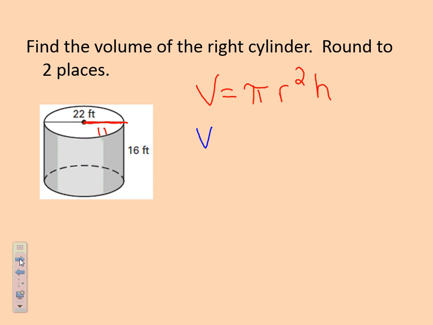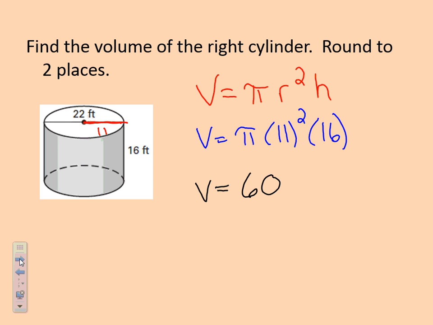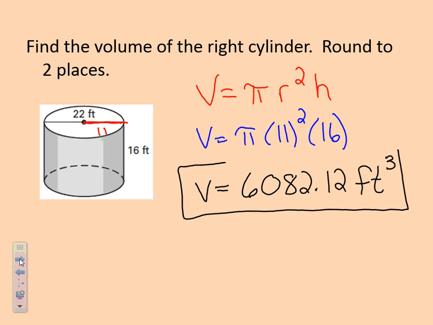So volume equals pi, my radius is 11 squared, times my height is 16. I'm just going to type all this into my calculator, and the volume of this right cylinder equals 6,082.12 feet. And since we're talking about volume, ladies and gentlemen, cubed.